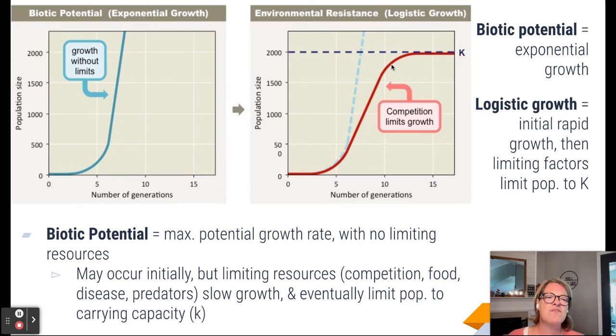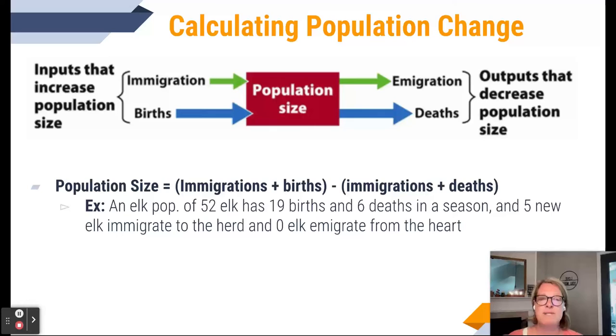But this is when we have competition for resources, and that growth is going to be limited, and we end up with an S curve, shaped like the letter S. So J, exponential growth, S, logistic growth. So it's rapid growth, competition kind of limits it, it reaches its carrying capacity. Again, we know realistically there's some overshoot and some die off, but on average, we end up kind of flattening out here around the carrying capacity. Okay, so that is biotic potential.